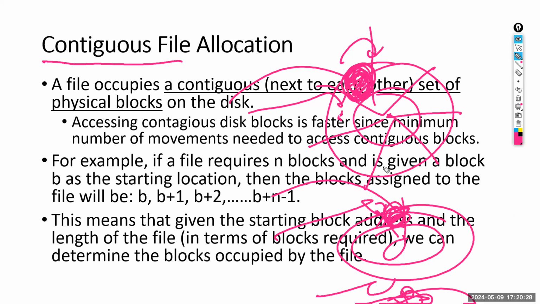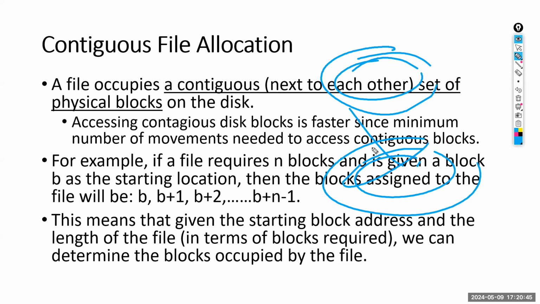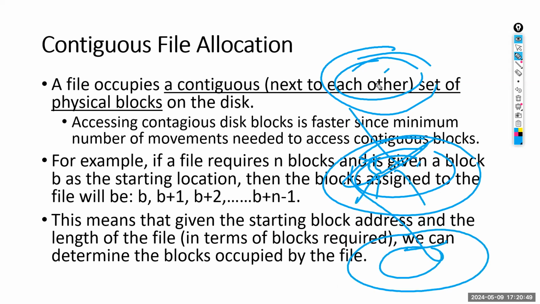So remember, contiguous doesn't mean something like this. Contiguous means maybe here, then the rest goes to the corresponding block in the other disk, the corresponding block in the other disk, and so on.